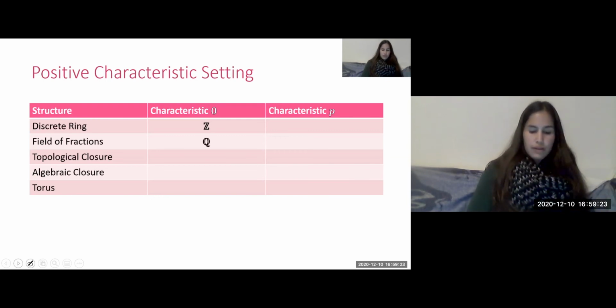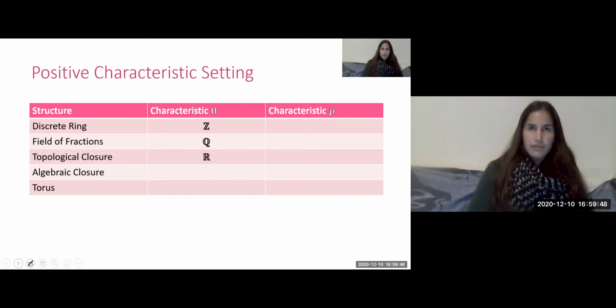And now in Q and in Z, we have a metric, which is just the normal absolute value that we all know. With respect to this metric, you could take a topological closure. That is, all the numbers that are limit points of sequences in Q, and that would be R. And then from here, this is a bonus.